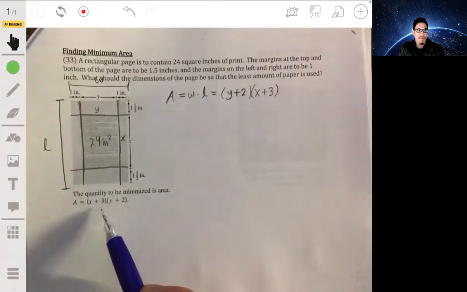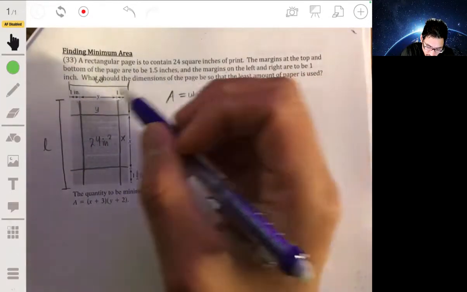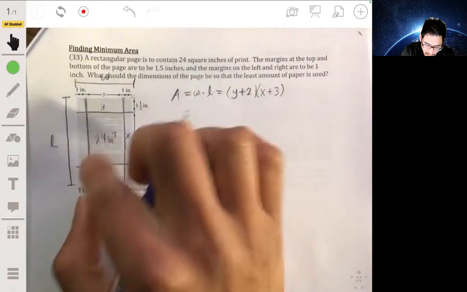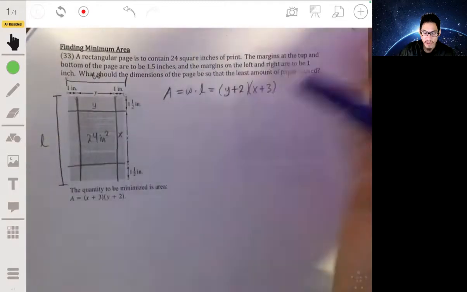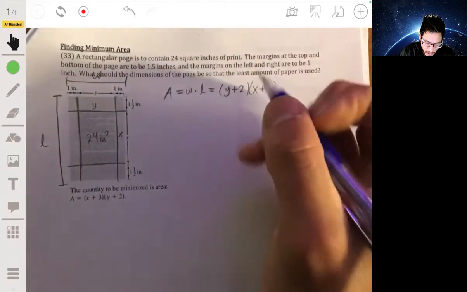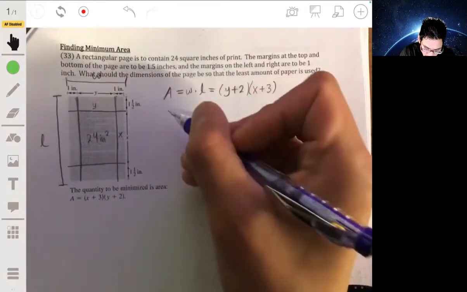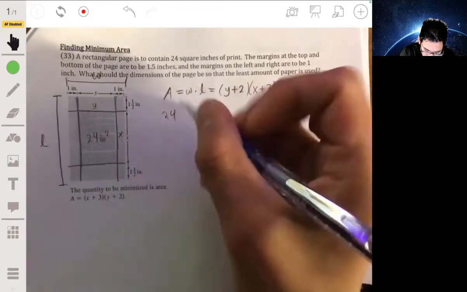And we're given it right here, but I just wrote it here to clarify what's going on. So again, area is the width times the length of the paper, and we have y and x shown here to represent those quantities. Now, we're also told that the area of the print is going to be 24 square inches. So 24 would then be y times x.